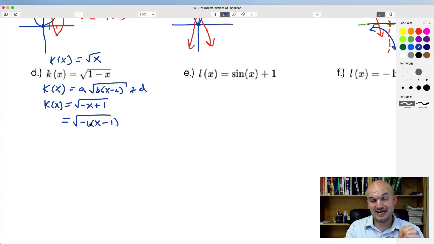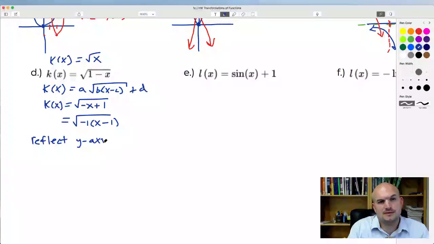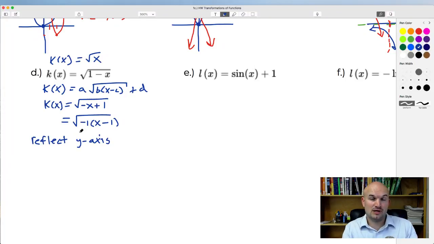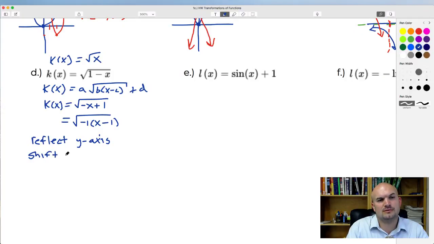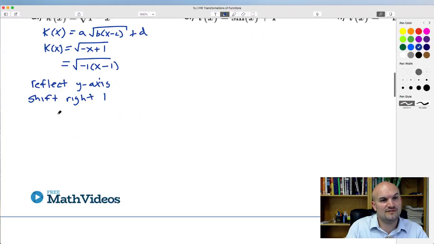So when multiplying by negative 1 inside of the function, that is going to be a reflection about my y-axis. So I'll just say reflect the y-axis. And since I'm subtracting a 1 inside of the function, that's going to be a shift right 1 unit. Right 1.